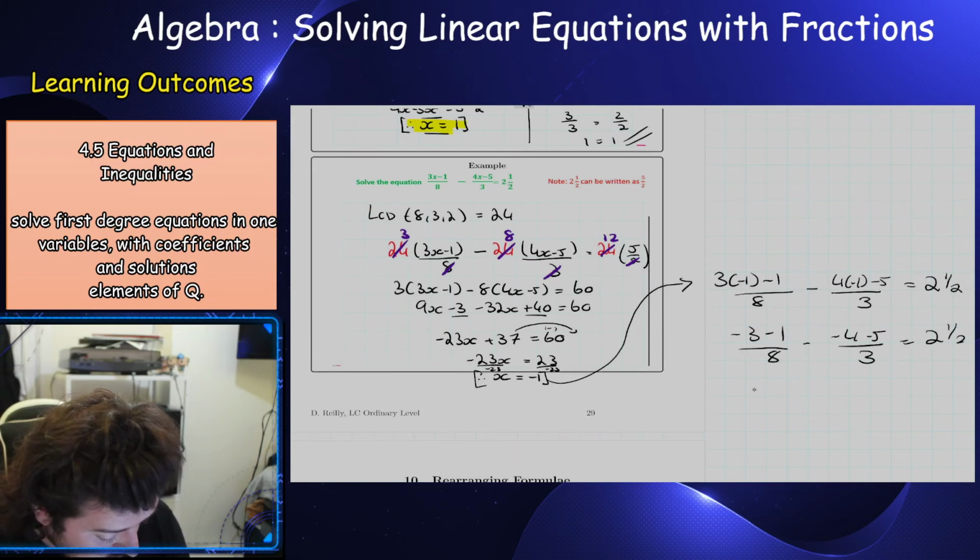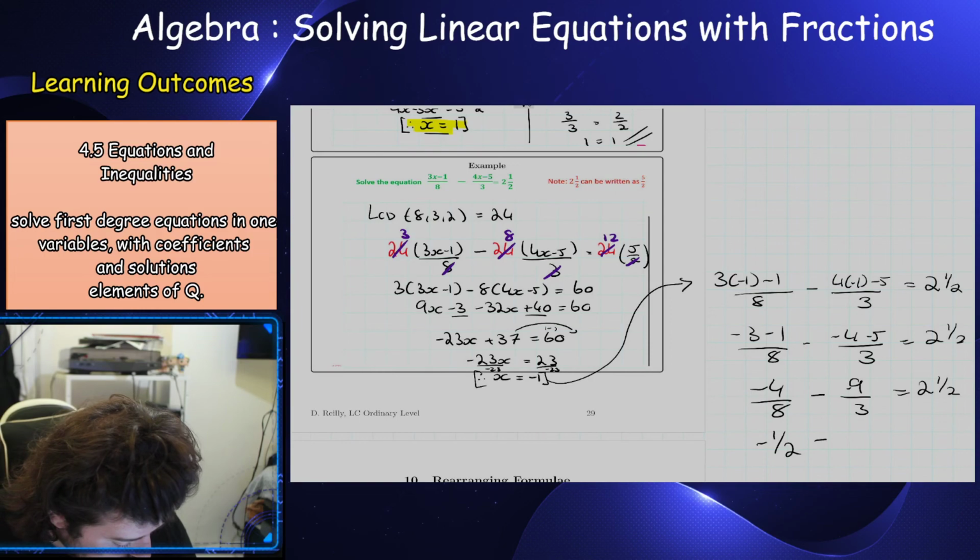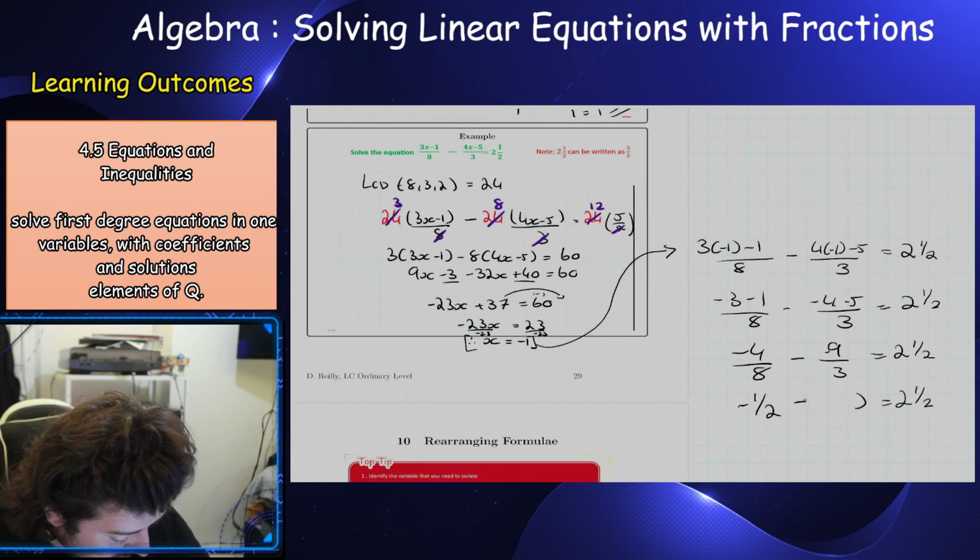Minus 3 minus 1 is minus 4 all over 8, minus negative 9 all over 3, which is equal to 2.5. So minus a half minus negative 3 equals 2.5. Minus negative 3 becomes a positive 3. Minus a half plus 3 is equal to 2.5, which is equal to 2.5.